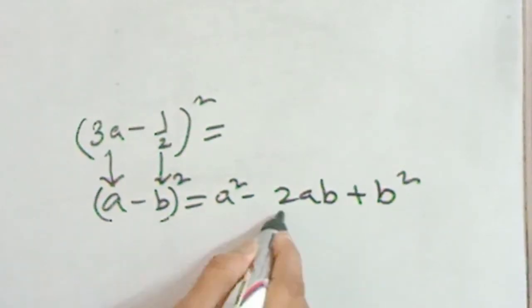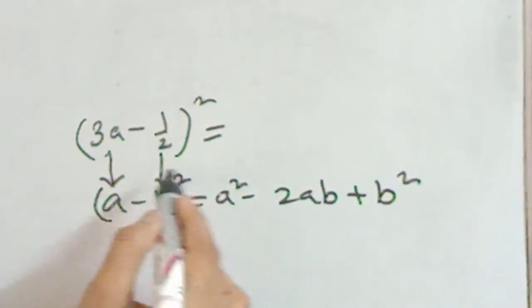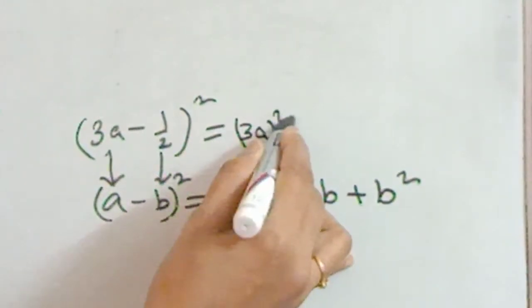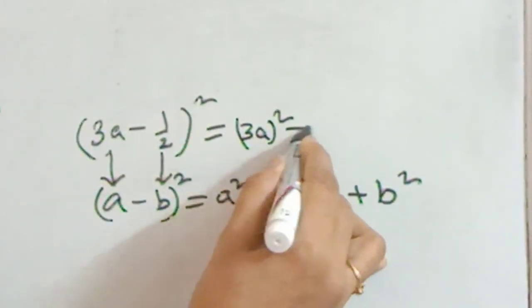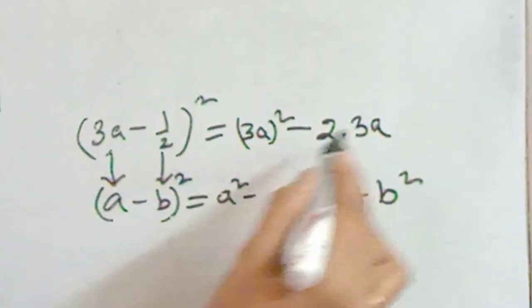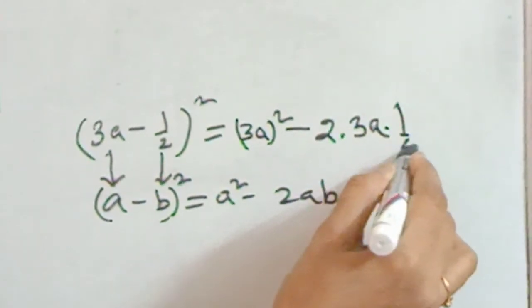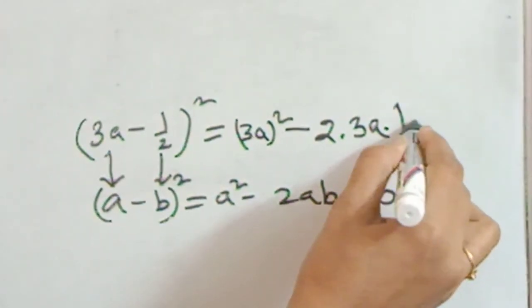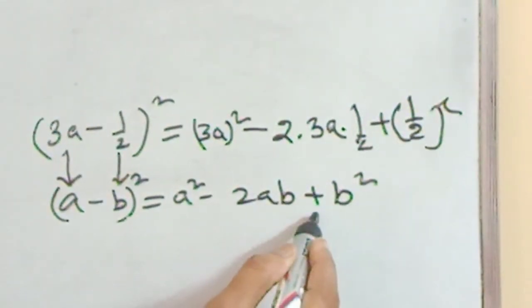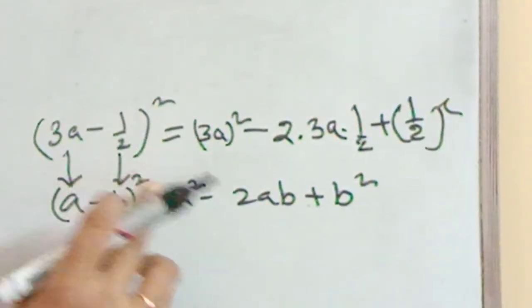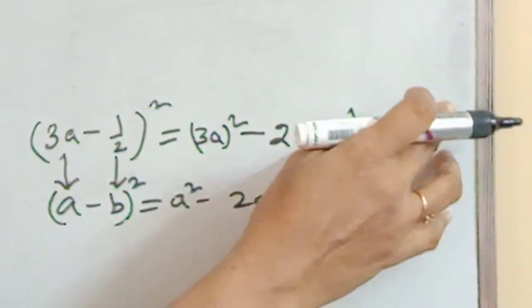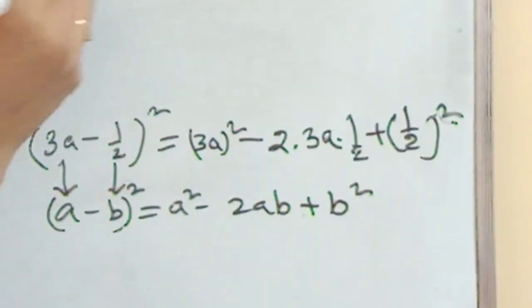So instead of a square minus 2ab plus b square, we will write 3a, which is our a in this sum, square, minus 2 into 3a into 1 by 2, plus b square means 1 by 2 whole square. You can see 1 by 2 whole square is plus, b is here 1 by 2 and plus sign is in front of it. So 1 by 2 whole square. Understood?